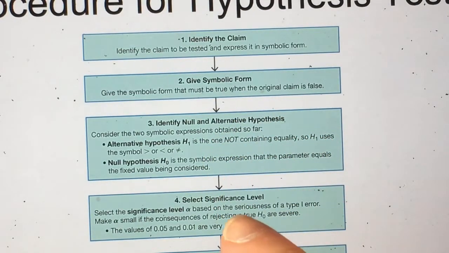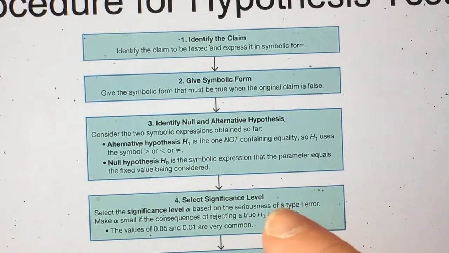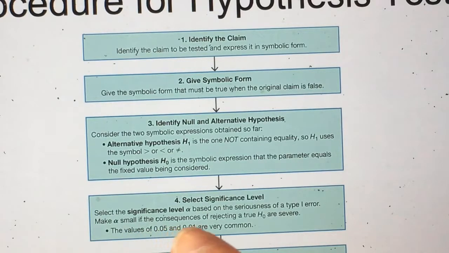Number 4 is select the significance level. Select the significance level alpha based on the seriousness of a type 1 error. Make alpha small if the consequences of rejecting a true H sub 0 are severe. These are common values for your significance level.